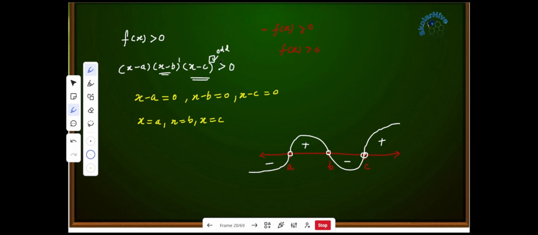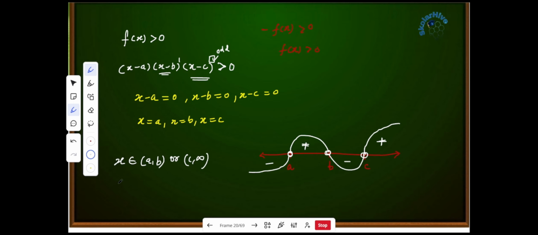As the given inequality is positive, we have to look for the region where the Wavy curve gives a positive sign. So here you can find the positive sign between A and B and beyond C. So the solution is x belonging to A to B, open interval, because here this is a hollow circle, and as well as from C to infinity.